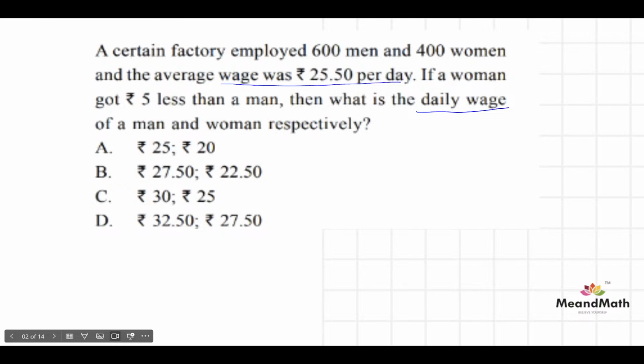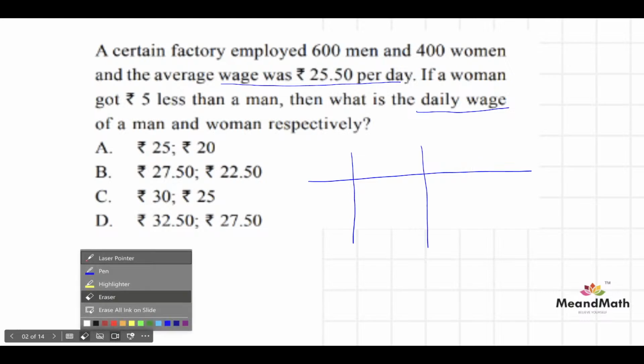So a factory employed 600 men and women. I'll be using the tabular method over here. So what can we do for that? Say for example, we assume man to be X. Let me rephrase the same thing.